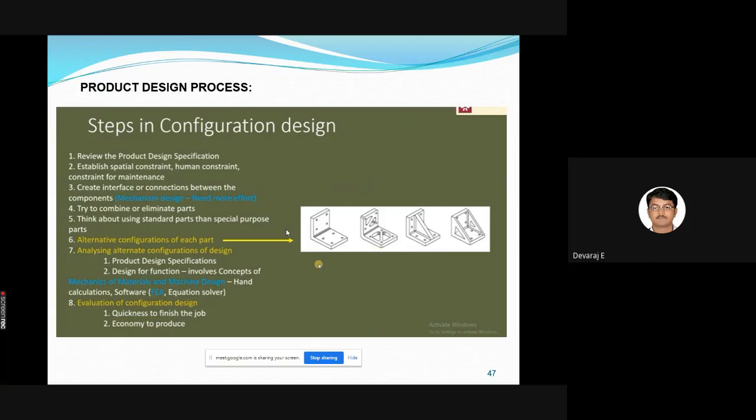And fifth is, think about using standard parts, then special purpose parts. What are standard parts? I think parts that can be used for multiple applications, like screw, nut, and bolt, sir. Okay, good, Sachin. So here you can see the holes, right? Everywhere in the different components you have holes.